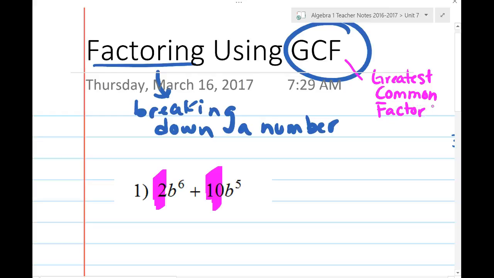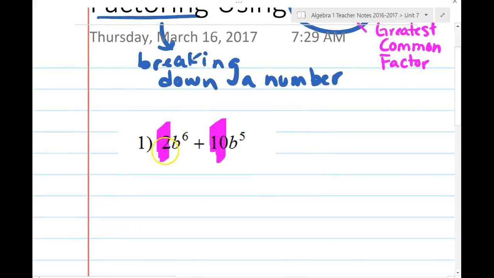Another way to say that is, what is the biggest number I can divide into both 2 and 10? Can I divide 5 into 10 and 2? No, I can't, because 2 is too small. So I'm going to start with the small number 2.